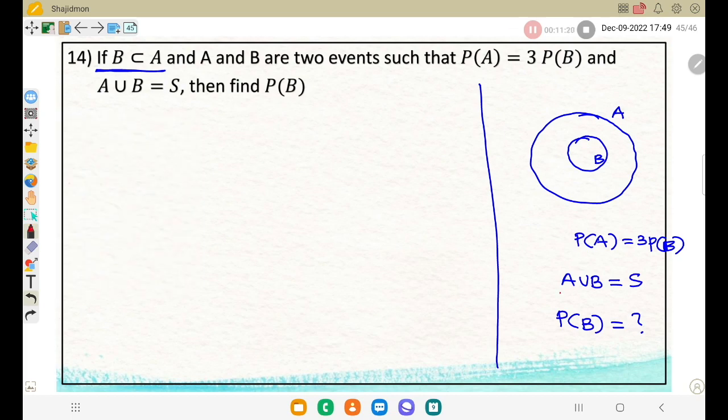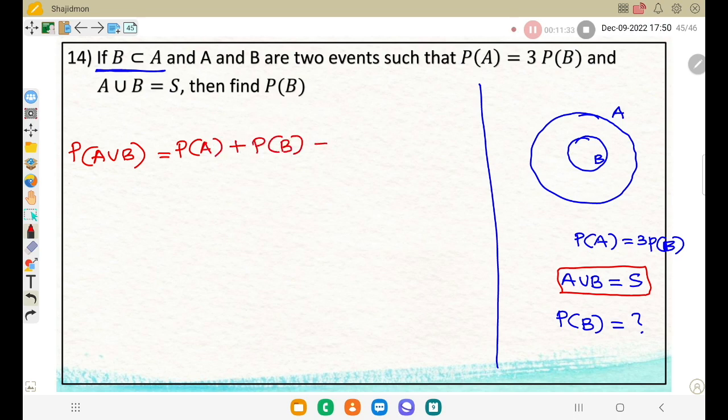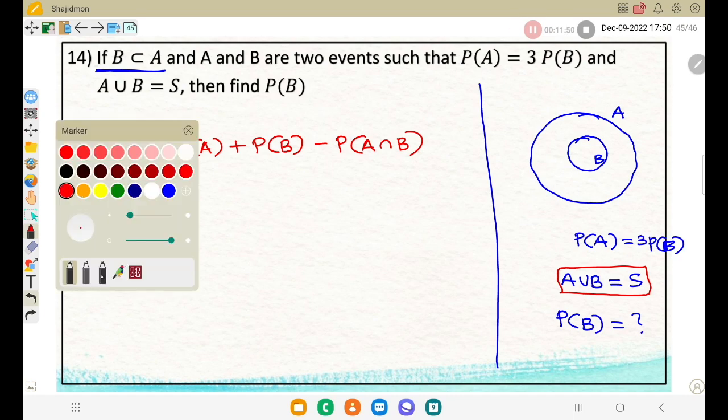For that, use this rule. You remember the A union B rule, correct? The probability of A union B equals the probability of A plus the probability of B minus the probability of A intersection B. Using this rule, now what is the probability of A union B?